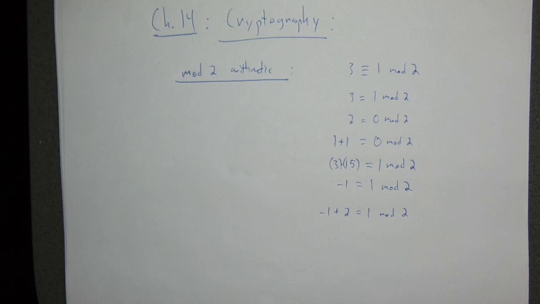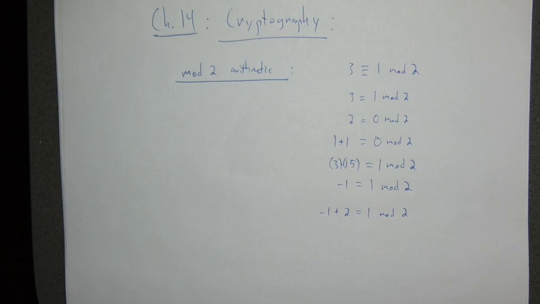You can practice your arithmetic mod 2 if you've never seen that before. It's pretty simple because there are only two numbers that any given integer can be equal to mod 2, either 0 or 1. A given number is either odd or even.